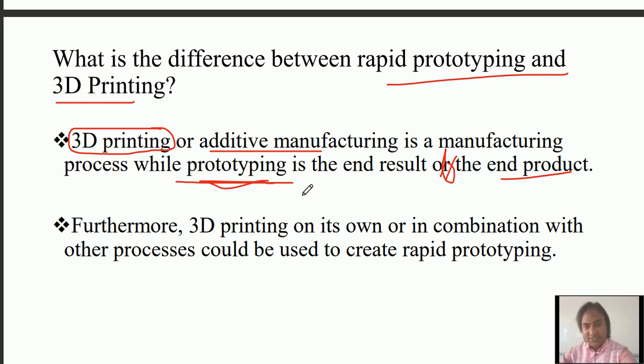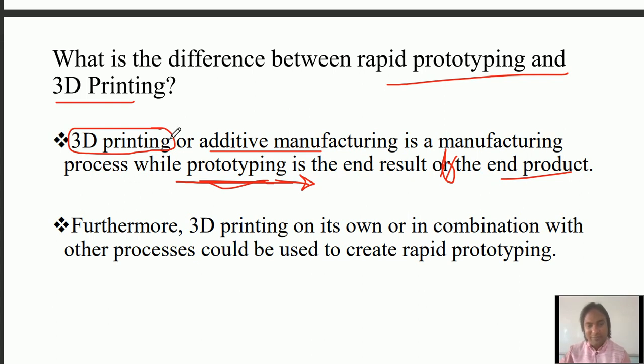It means we can perform some testing on the part, but on the model we cannot test because our objective is only to show the look. Okay, and in prototyping we can perform the test, we can check the functionality also.